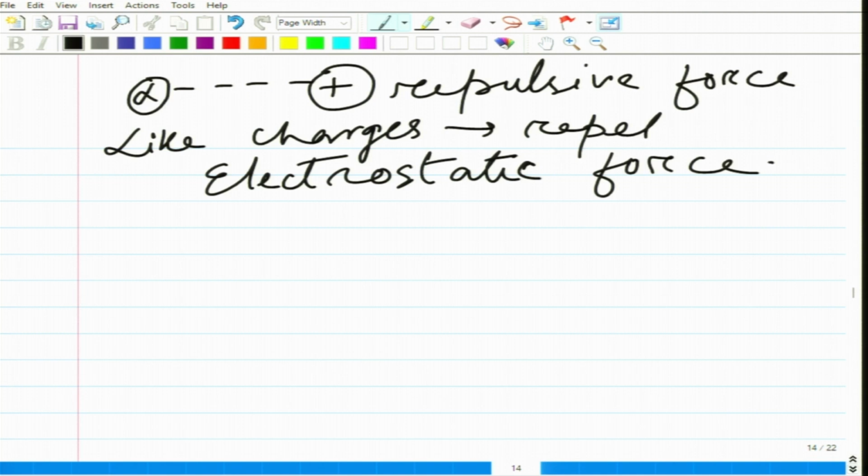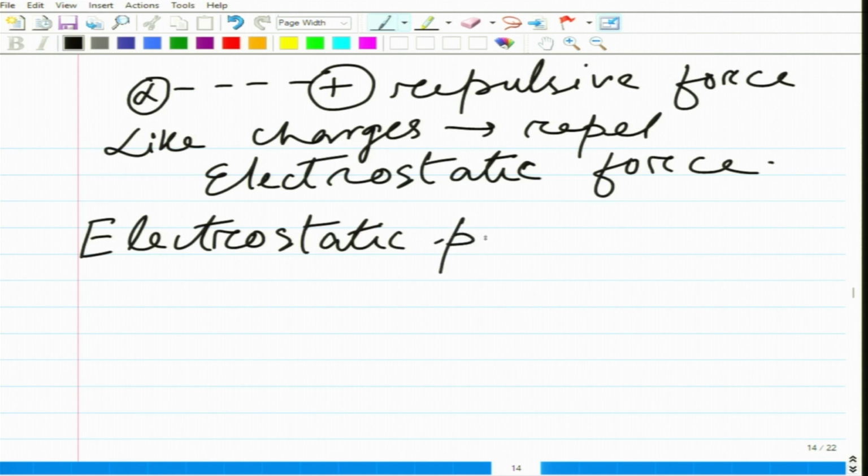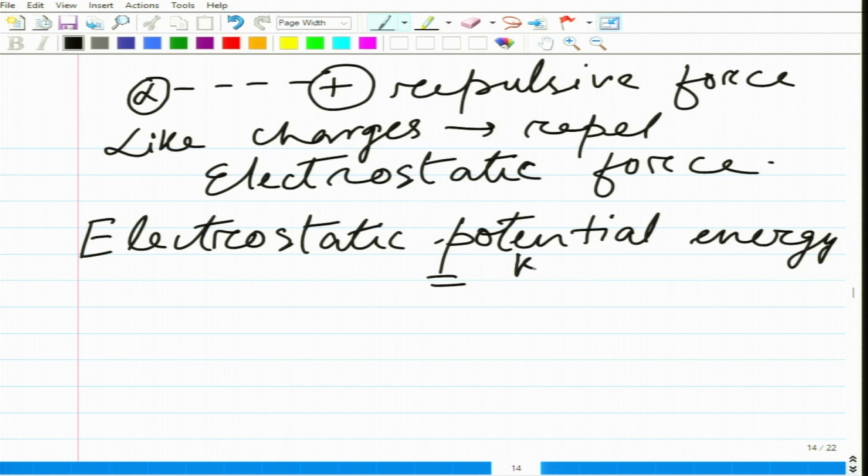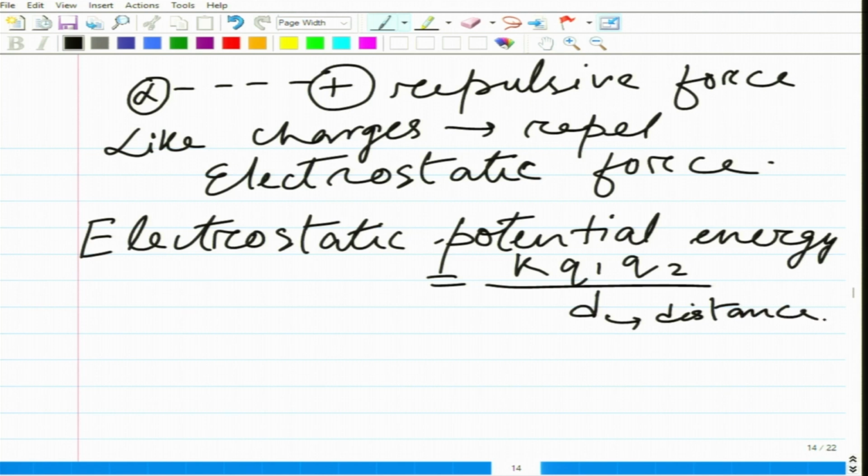So the kinetic energy is converted to electrostatic potential energy, which is written as K Q1 Q2 by d, where d is the distance between two charges. Here this is the distance of closest approach.